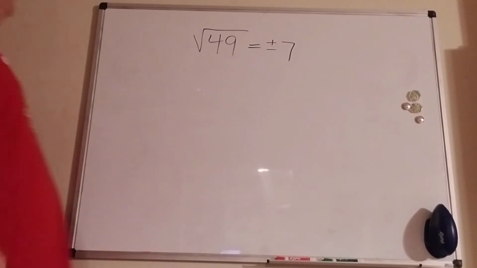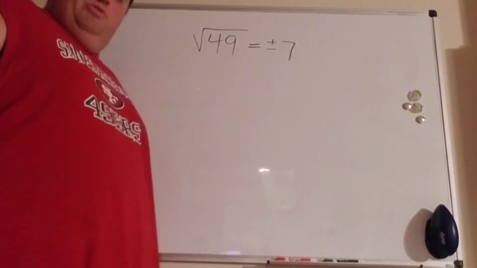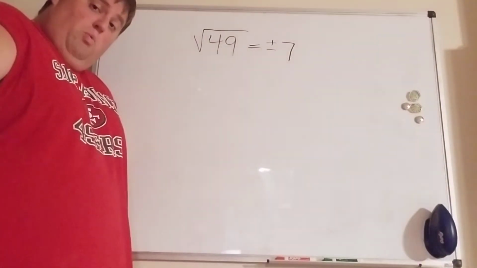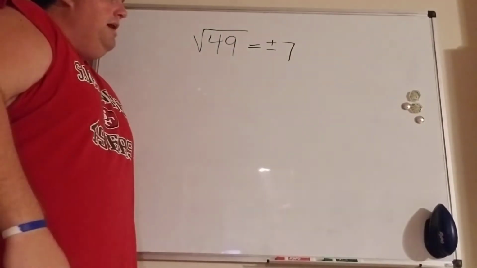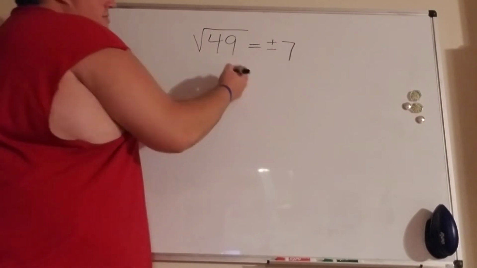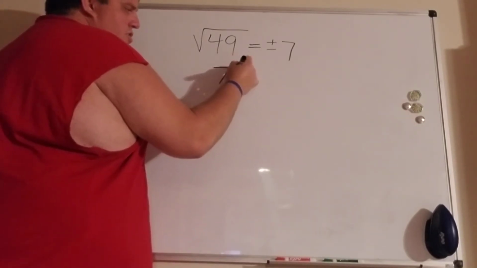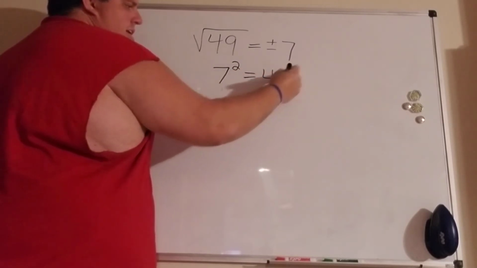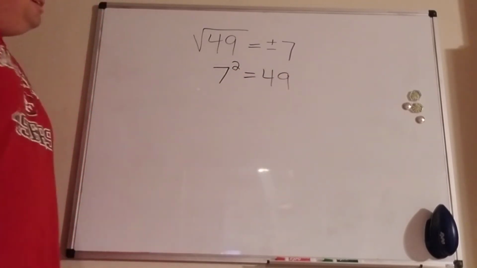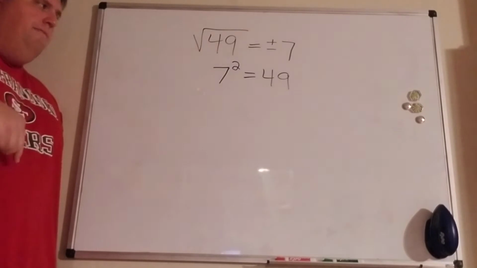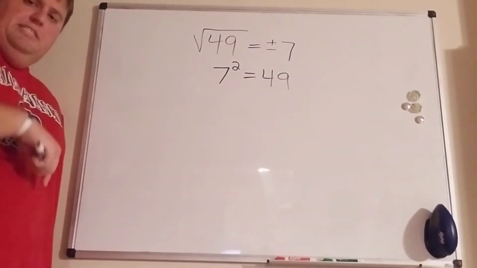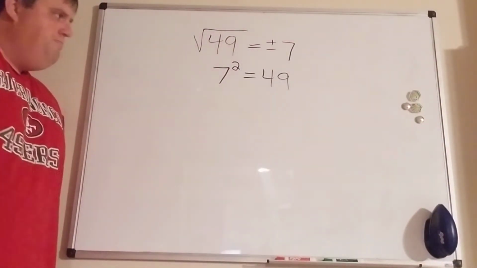But what we did not talk about is that there are several other types of roots. So with square roots, remember, they get their name because 7 squared is 49. So the square root of 49 is 7 and negative 7.